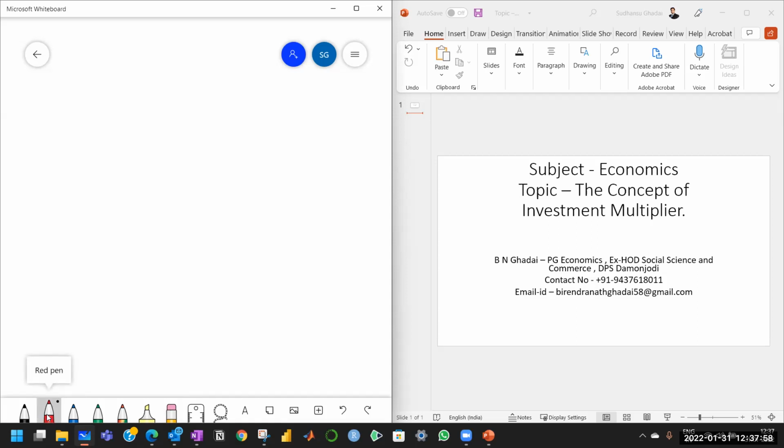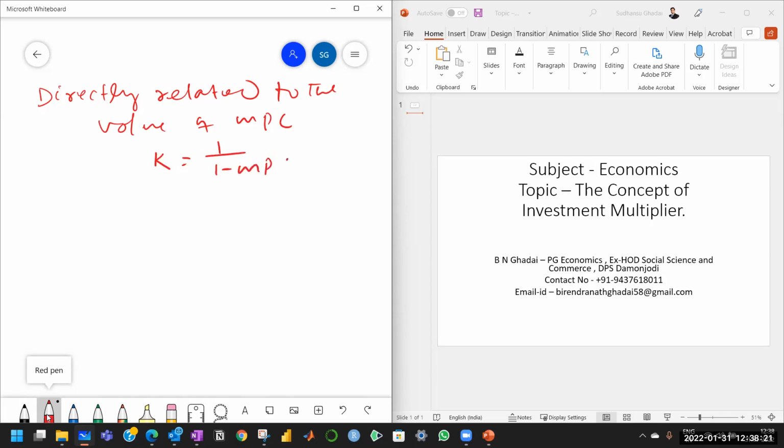The value of multiplier K is directly related to the value of MPC. So from MPC the multiplier is calculated as K is equal to 1 by 1 minus MPC.